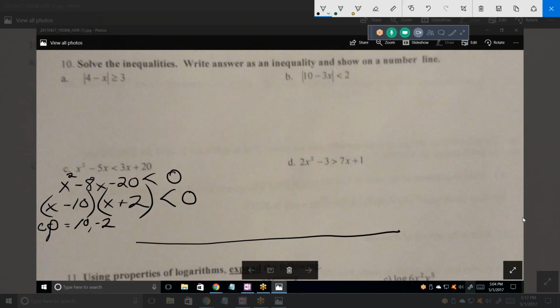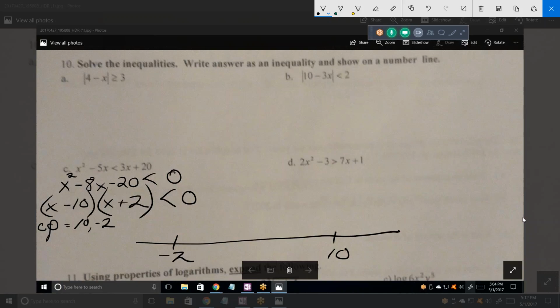Now, what I do with those critical points is I graph them. Again, I don't put 0 on there. Now, what we're going to do next is pick any number to the left of minus 2.